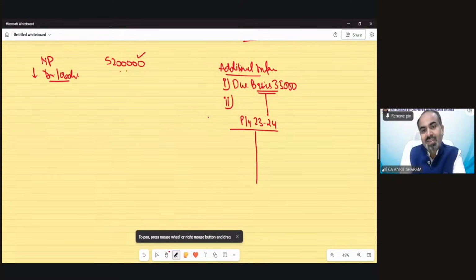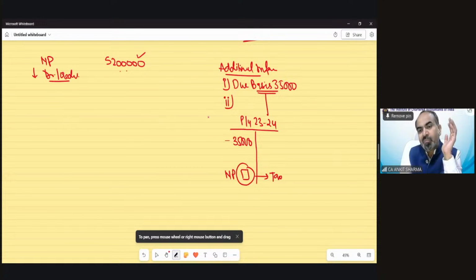So technically this 35,000 rupees was claimed as expenditure in 23-24, and after that we arrived at our profit of 23-24, for which we must have paid tax. ITR must have been filed, tax has been paid.